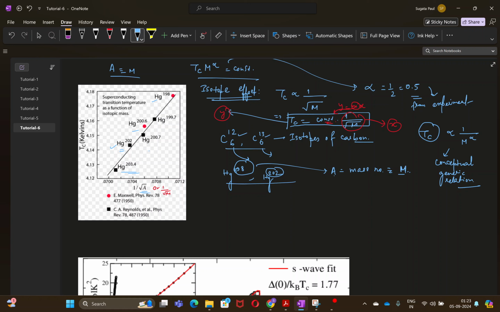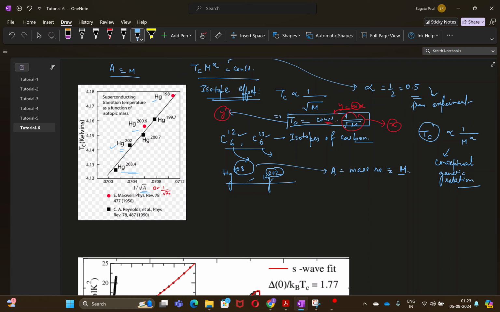So basically this is experimentally proving the fact that your isotope effect relation is valid for superconducting elements, that your Tc is proportional to 1 by root over of m, right? And one more thing you can notice is that as you decrease the mass, you are basically increasing the Tc.